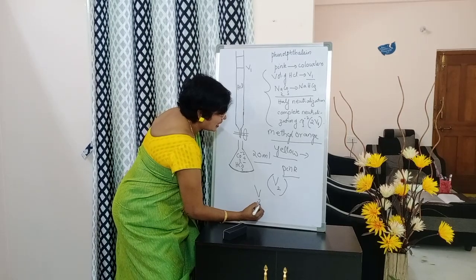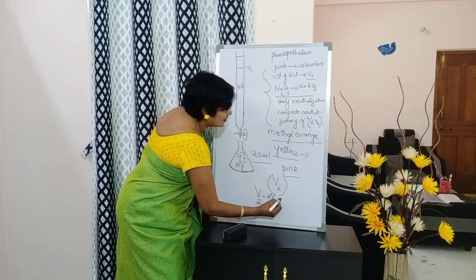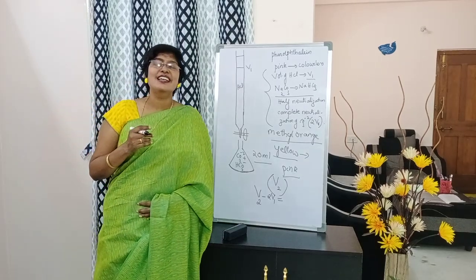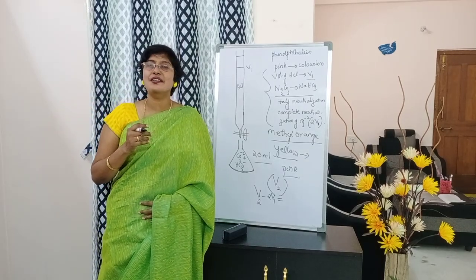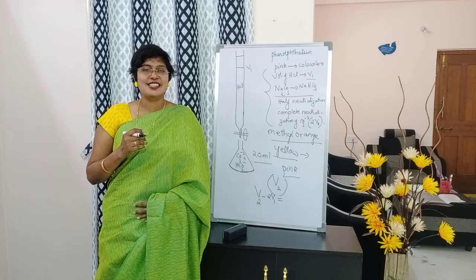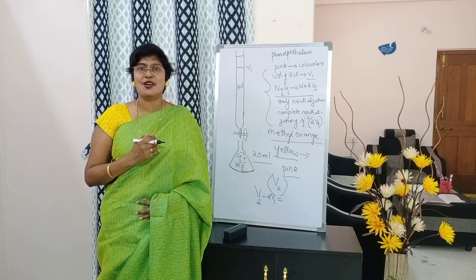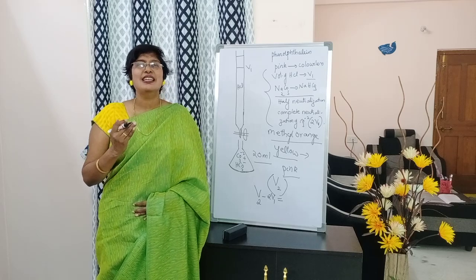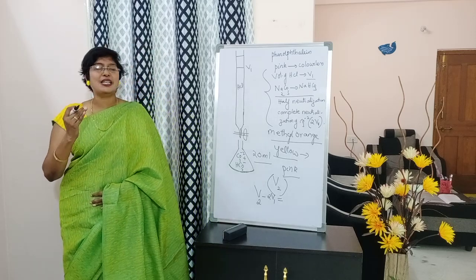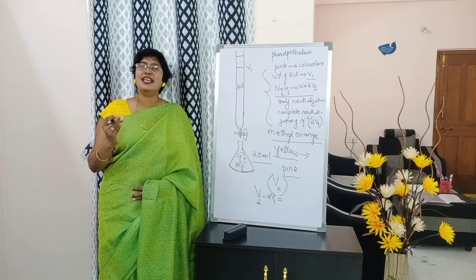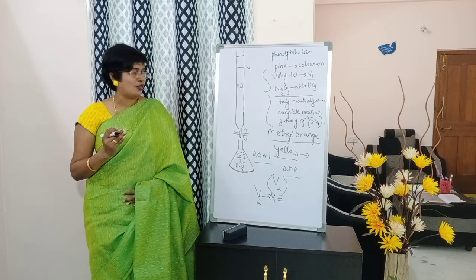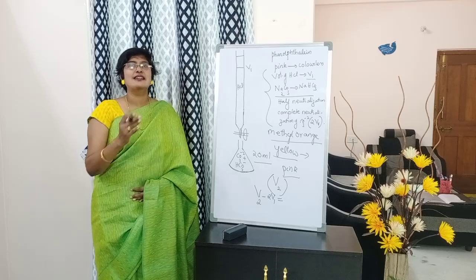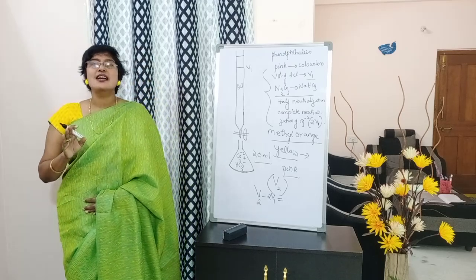V2 minus 2V1 gives us the volume of HCl required for the neutralization of HCO3 - ions. Hope I made it clear, students. This principle is quite complicated, but once you understand it, it will be very interesting. So this is the third step. If you understand the procedure, the principle is automatically understood, students.